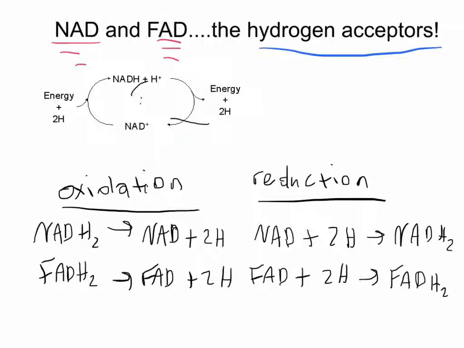Whenever there's an oxidation reaction, there has to be a reduction reaction. The molecules that get reduced as glucose gets oxidized are NAD and FAD, our good friends NAD and FAD, as I weirdly like to refer to them.